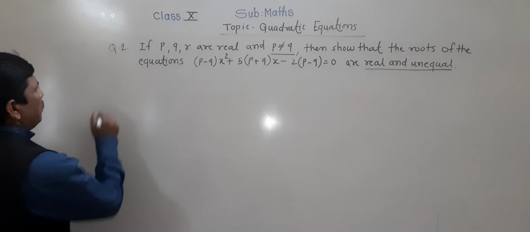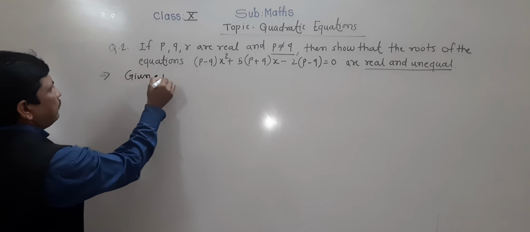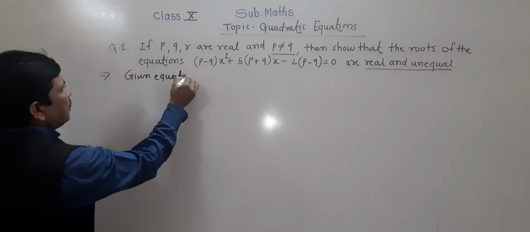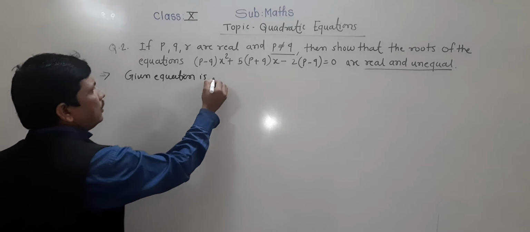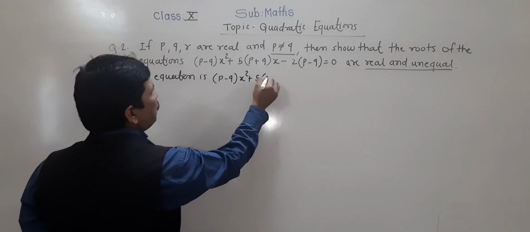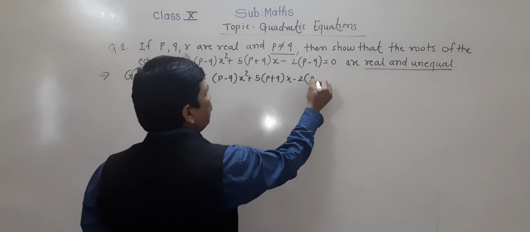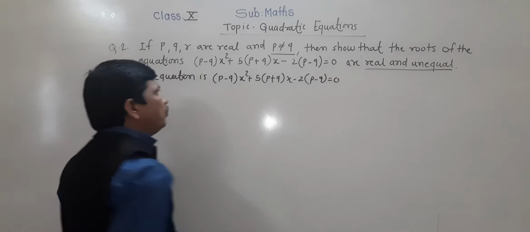The given equation is (p minus q) x square plus 5 into (p plus q) into x minus 2 into (p minus q) is equal to 0.